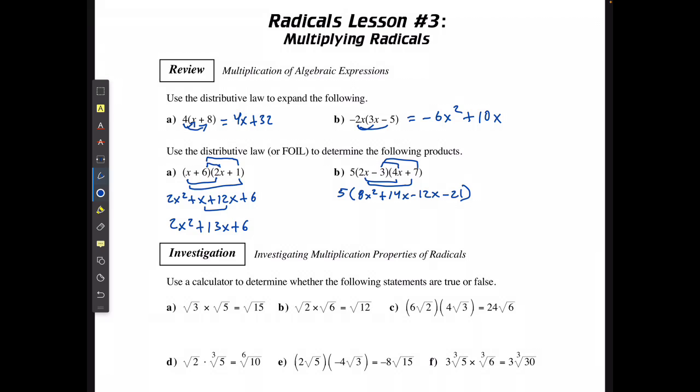I can multiply everything by 5, and I'm going to get 40x squared plus 70x minus 60x minus 105. And I can combine those like terms in the middle. This is going to give me 40x squared plus 10x minus 105.